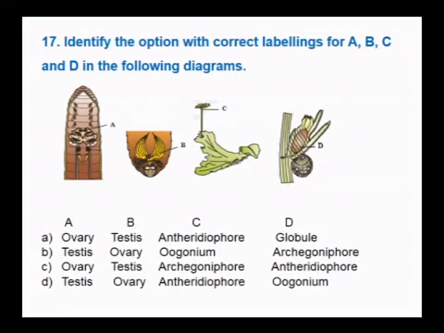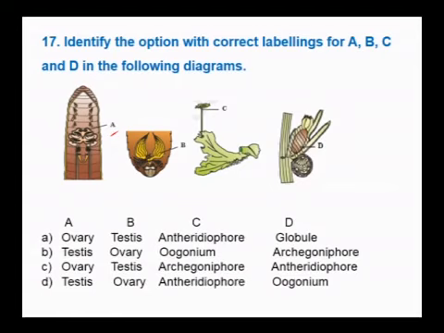Identify the option with correct labeling for A, B, C and D in the following diagram. To answer these types of questions, you need to be thorough with the diagrams, all the diagrams in your textbook, both first PUC and second PUC. Here A represents the testis. As you know, it is the reproductive system of the earthworm which has both ovaries and testes.